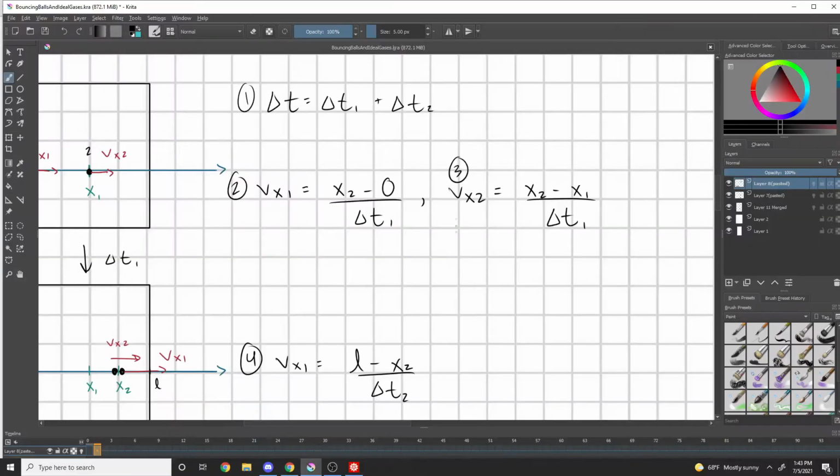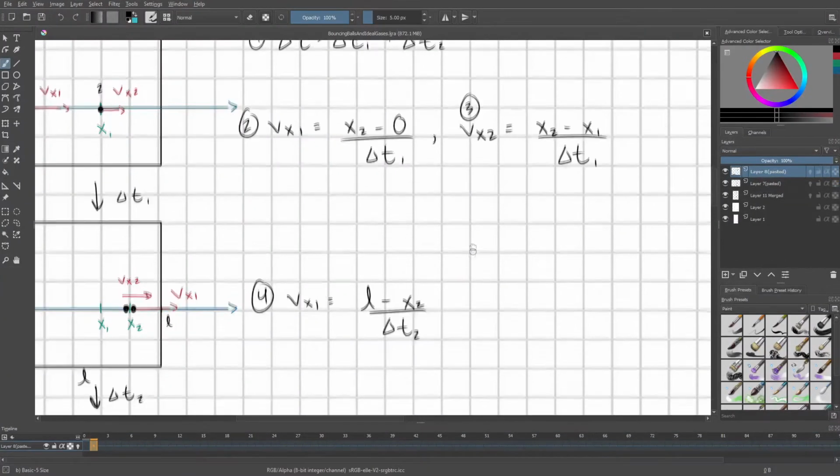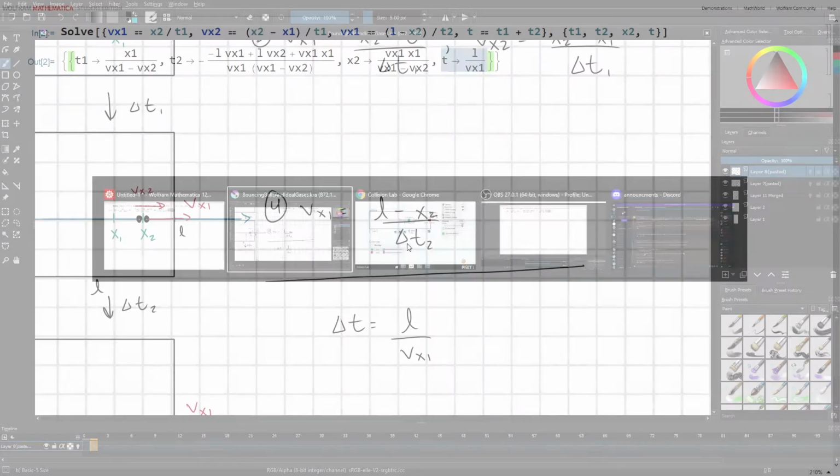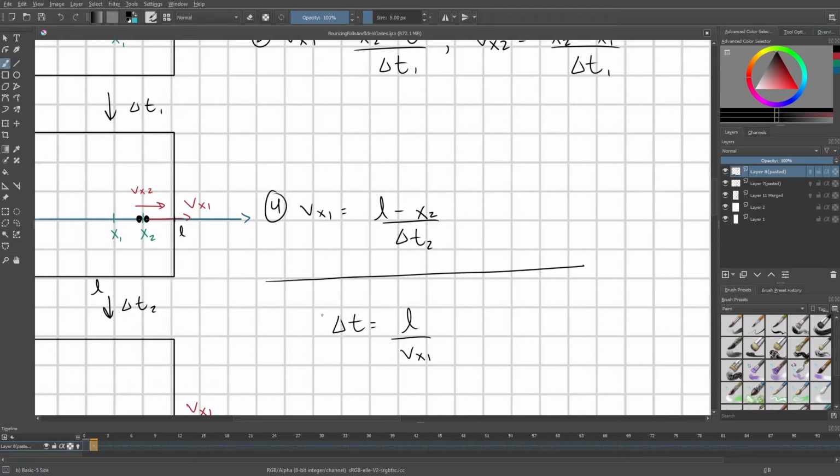All right, so let's go ahead and note that my total change in time from this system of equations, delta t, equals L over Vx1. Right? There we go. So this is our first important conclusion.